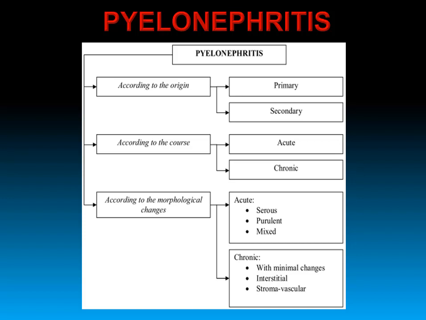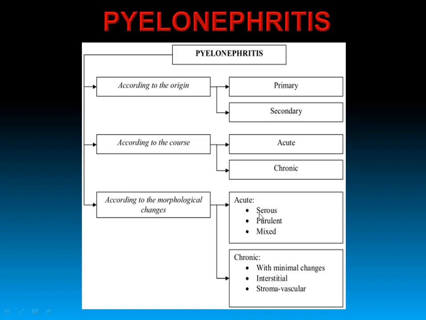Classification of pyelonephritis according to origin can be primary and secondary: without any other disease, or on the background of other diseases of the kidney, like nephrolithiasis. Nephrolithiasis and pyelonephritis are two diseases which come very often one with another. According to the course, it can be acute and chronic. According to morphological changes, acute is usually subdivided into serous, purulent and mixed.